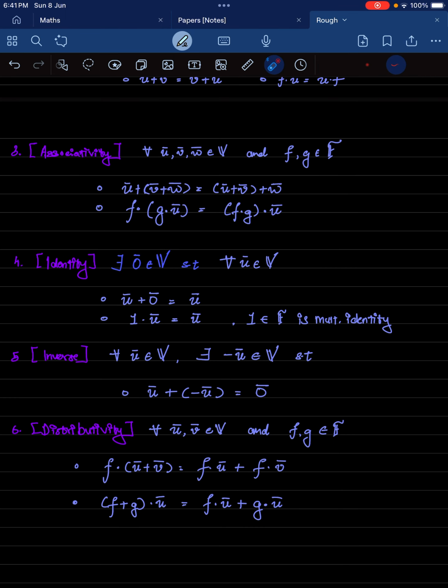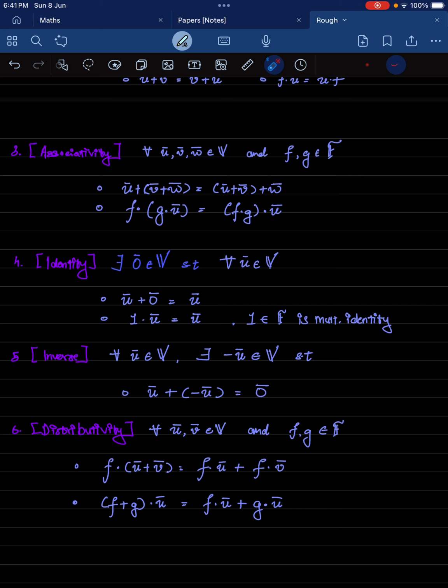Associativity. If you have u, v, w that are vectors and f, g that are scalars, so two associative rules are there, one for the addition and one for multiplication. The addition associativity is, if you have to sum up three vectors, then it doesn't matter in which order you do it, whether you sum v plus w, evaluate that, and then add it to u, or if you sum up u and v, evaluate this, and then add it to w.